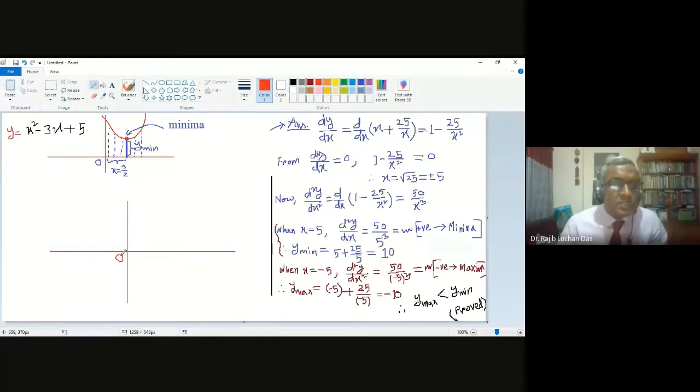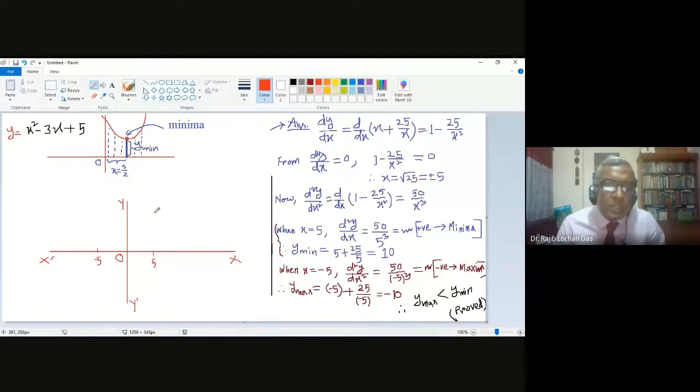So it is the x-axis and y-axis, and if x equals 5, say this is 5, and the left side is minus 5, so if x equals 5, y is plus 10 and it is minimum.